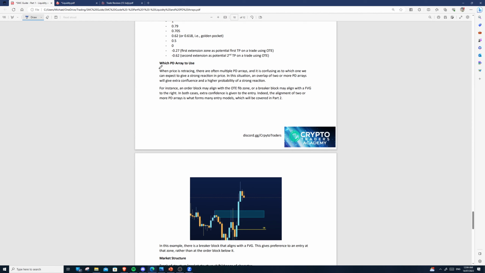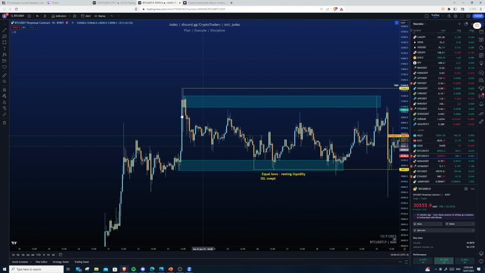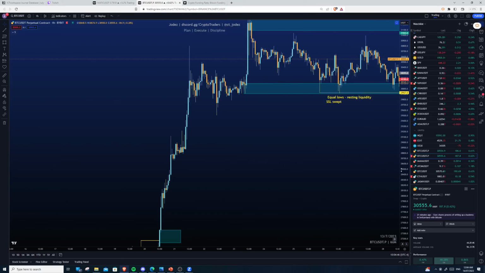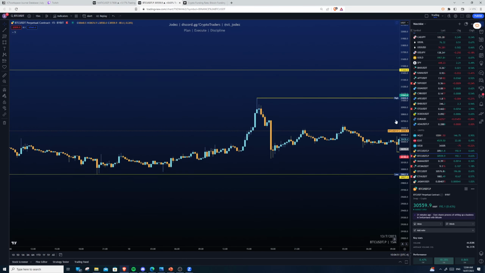So this leads me to discuss which PD arrays to use. Right, so what I mean by that is sometimes there are like multiple fair value gaps left behind, right?